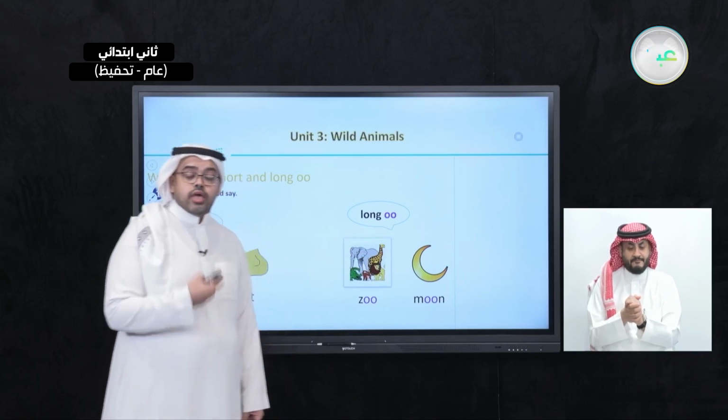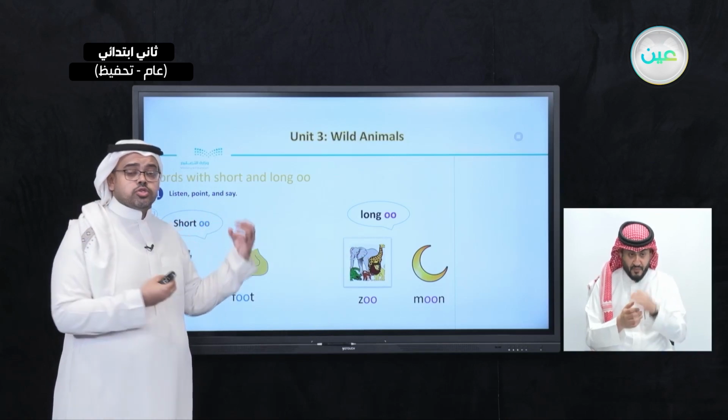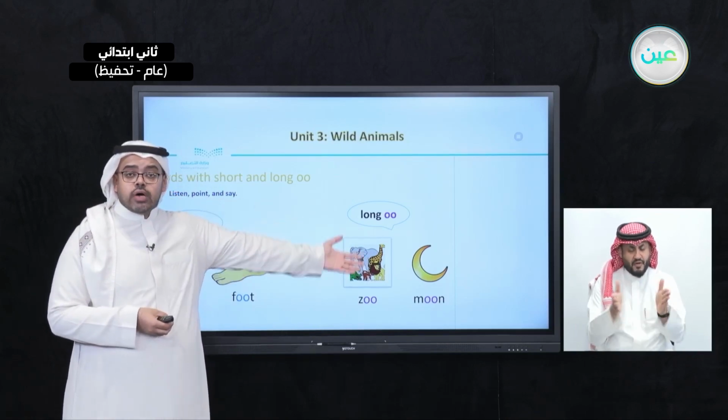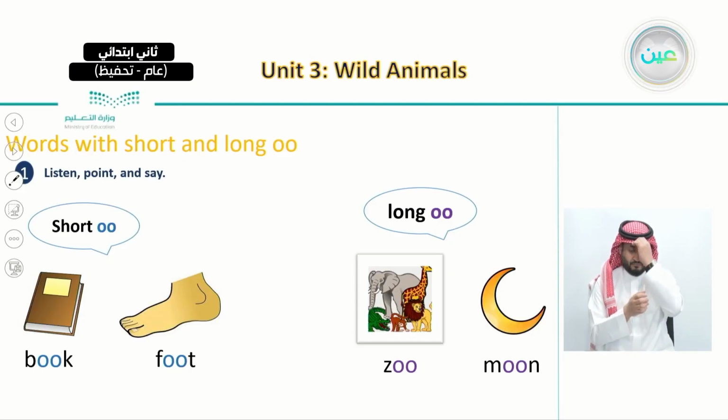So now let's repeat these examples so we get to know how the short O sounded like and also how the long double O sounded like. The first one, let's listen to these examples of words that have short double O's, and I would like you to repeat after me.